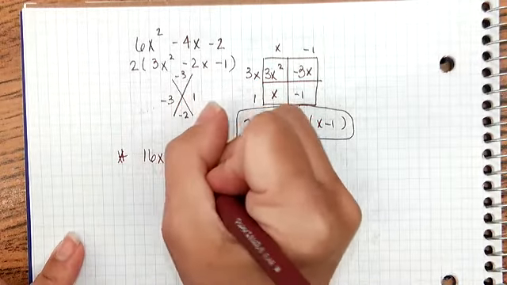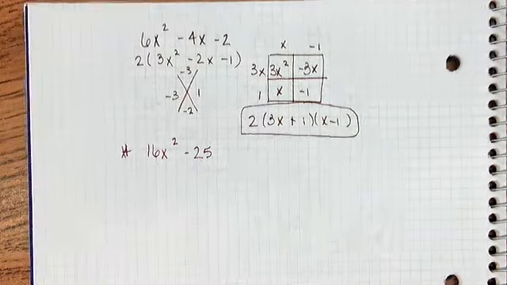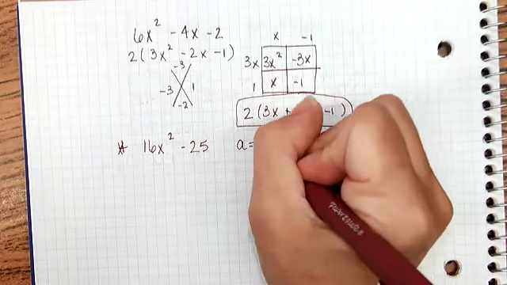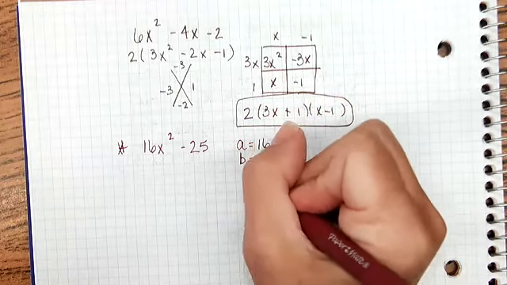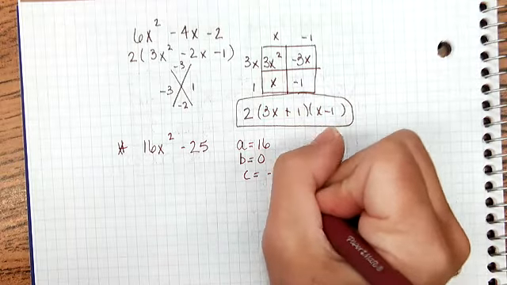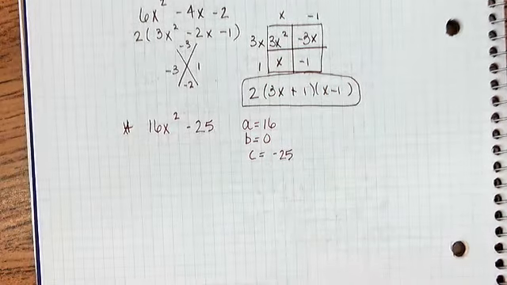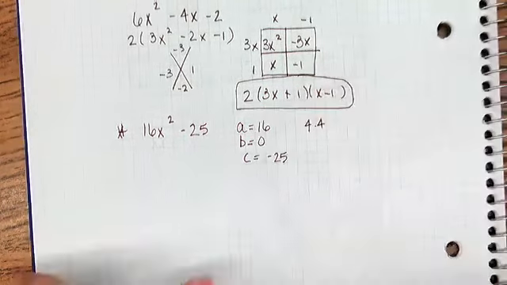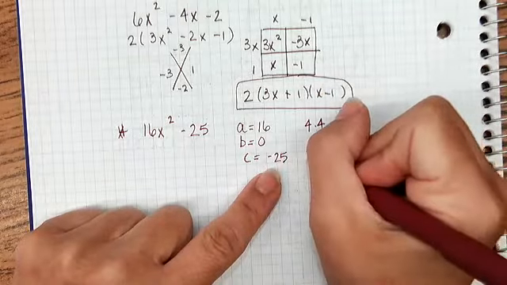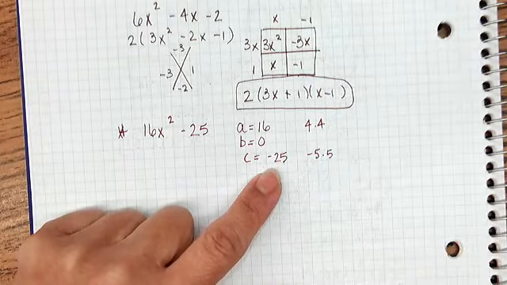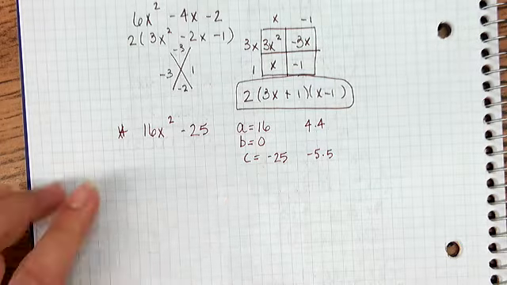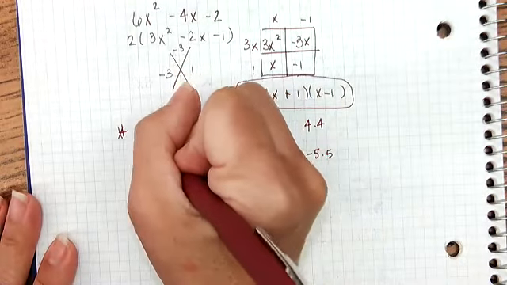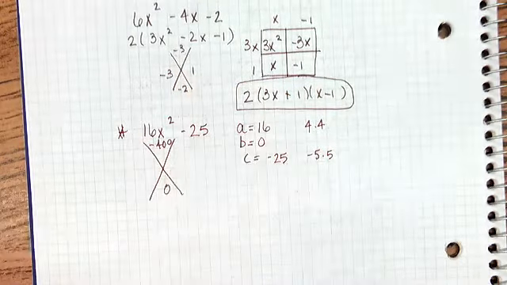16x squared minus 25. Those numbers are huge. A is 16, no shortcut. B is 0. C is -25. Okay, heads up. 16 is a perfect square. 25 is close, or sorry, negative 25 is close to a perfect square. Let's say you don't realize that and you go to your diamond, X whatever, and you get negative 400 on the top and 0 on the bottom.